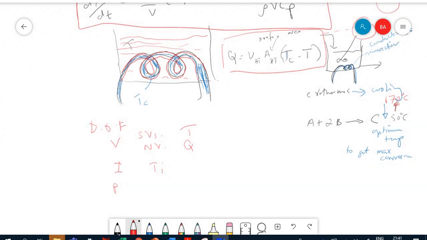We already counted rho before, but in addition you have Cp, the overall heat transfer coefficient, and the surface area.